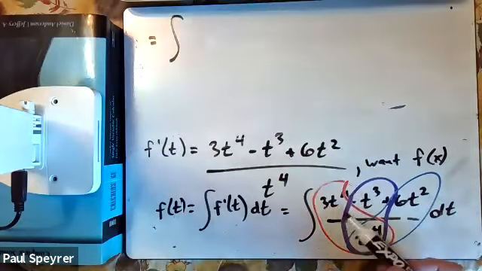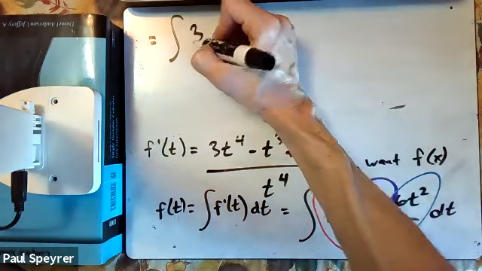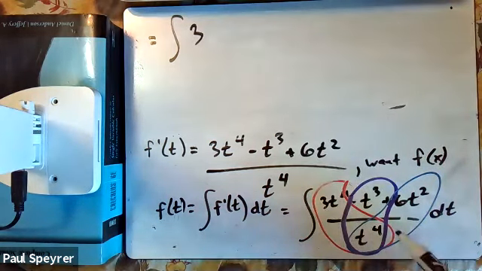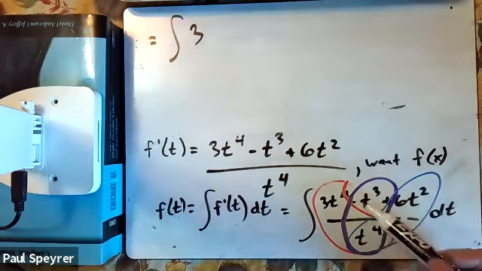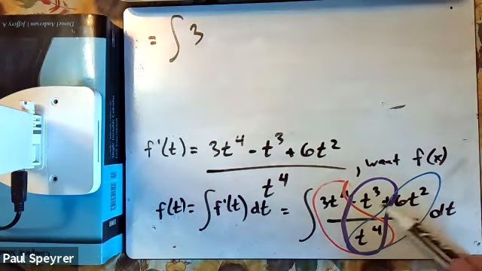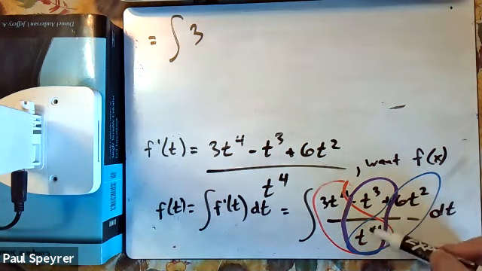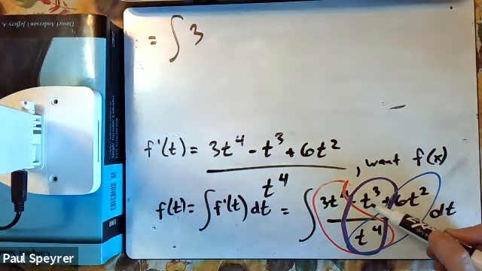So if I divide 3t to the fourth by t to the fourth, what's left over? You're just left with 3 because the t to the fourths cancel. Don't make the mistake of saying, oh, I'm going to cross out this t to the fourth, t to the fourth, done, and then write the rest of the problem. No, you need to divide this t to the fourth into everything up top. Now we need to divide the t to the fourth into the negative t cubed.